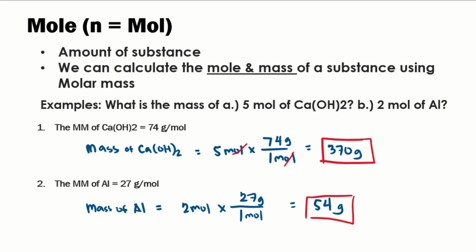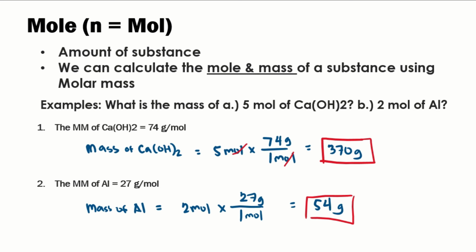We have here the molar mass of calcium hydroxide, which is 74 grams per mole. So using the mole and the molar mass, let's compute for the mass. 5 mole times for every 74 grams, there is 1 mole. Cancel si mole. So the answer is the mass of the calcium hydroxide is 370 grams.